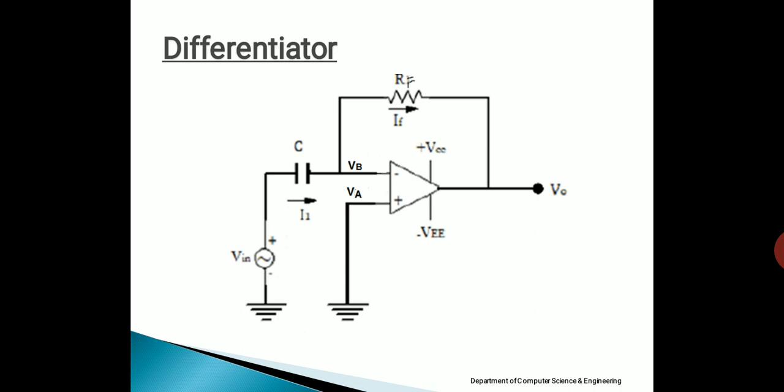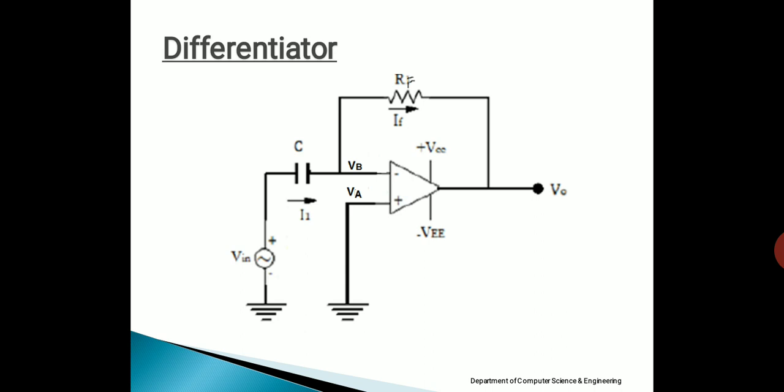In order to derive the output equation, we have to use Kirchhoff's current law at node B. We have shown there are two nodes denoted by voltages VA and VB. All of you know that Kirchhoff's current law states that the algebraic sum of the currents at a node is equal to 0, or current entering the node is equal to current leaving the node.